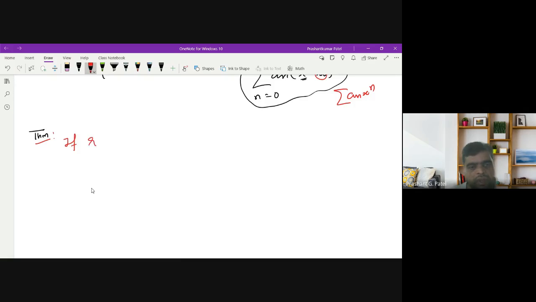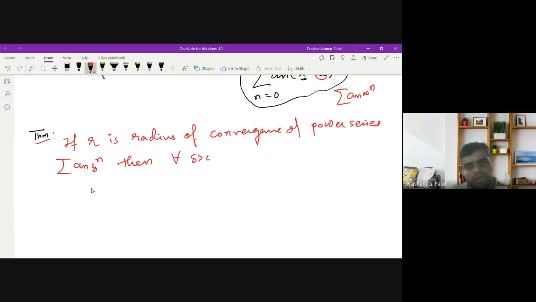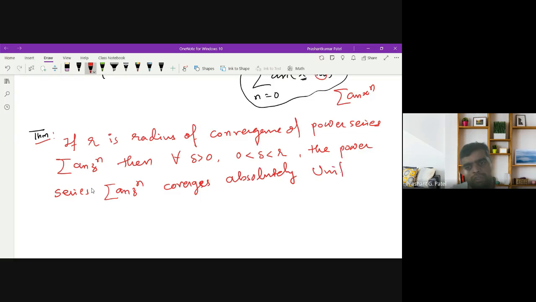if R is the radius of convergence of the power series summation a_n z raised to n, then for every delta greater than 0, with 0 less than delta less than R, the power series summation a_n z raised to n converges absolutely and uniformly for all z belonging to C such that mod z is less than delta.